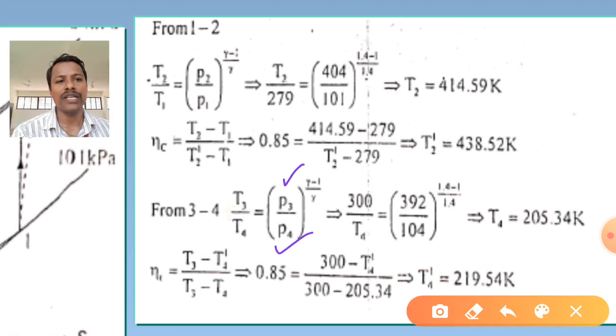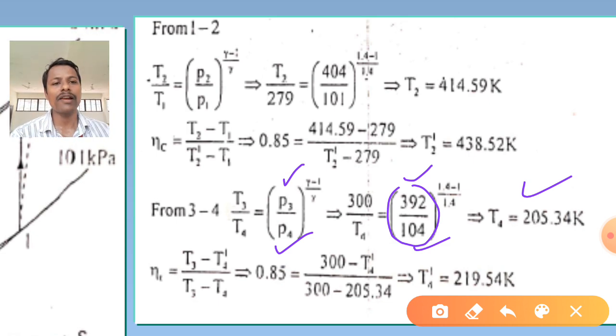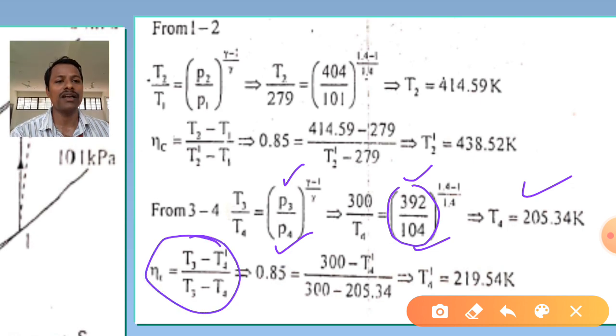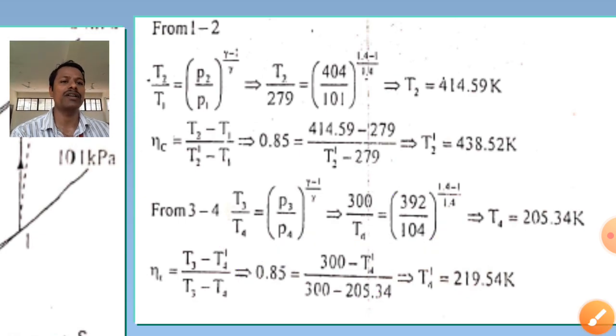So you substitute the values that we have calculated in the given data, P3 and P4. So P3 is 392, P4 is 104. How to obtain these values we have discussed in the given data. So then finally I will be able to calculate T4 as 205.34 Kelvin. So then I will use the turbine efficiency formula and substitute the known values. I will be able to calculate T4 dash as 219.54.